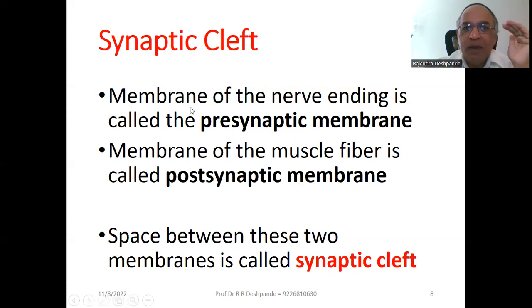Now the cleft. The membrane of the nerve ending is called the presynaptic membrane. Pre means before. The membrane of the muscle fiber is called the postsynaptic membrane. The space between these two membranes, the presynaptic membrane and postsynaptic membrane, that gap, is called the synaptic cleft.